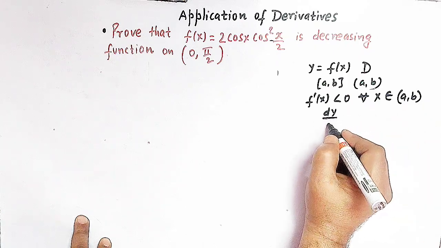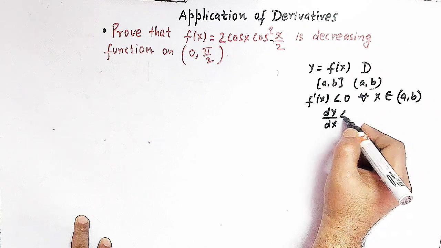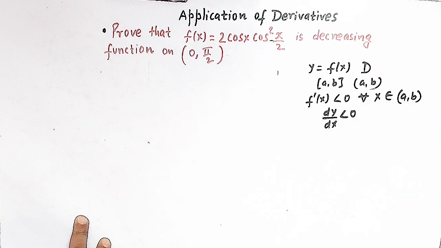So dy over dx has to be a negative quantity, or it is less than 0 for all x belonging to a comma b.